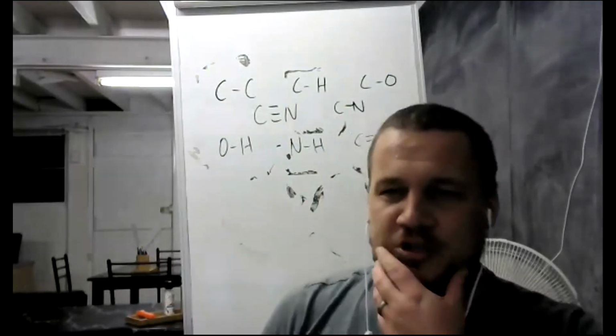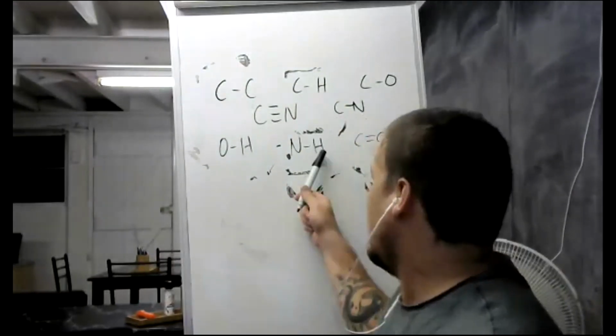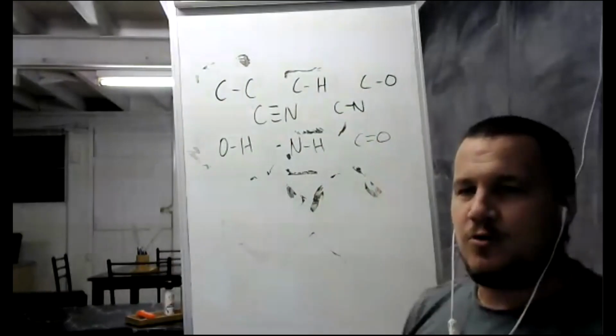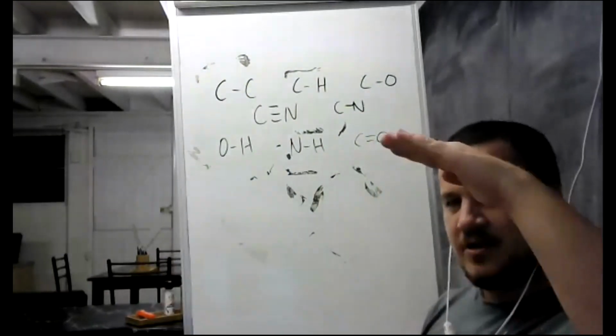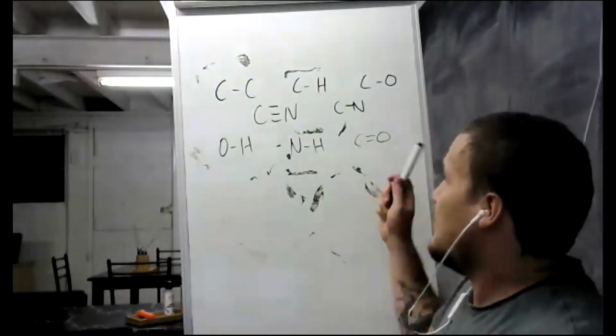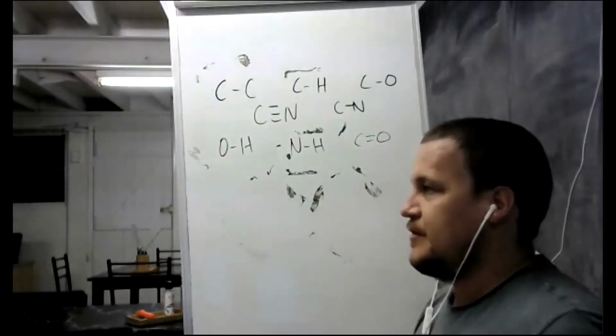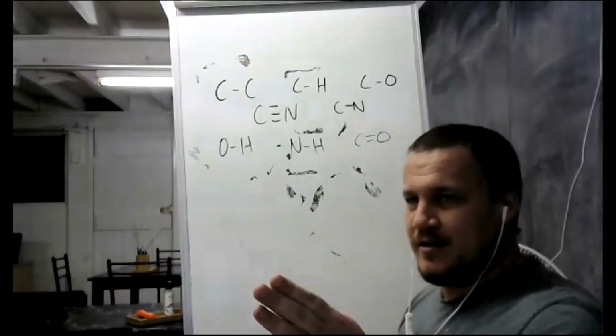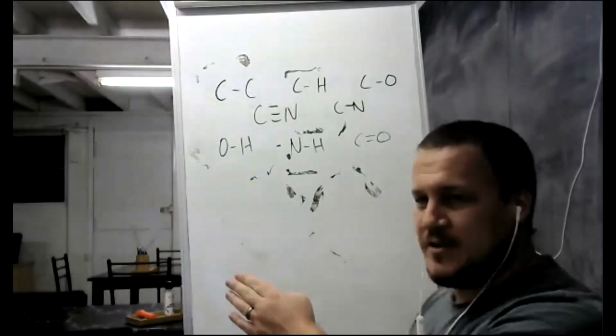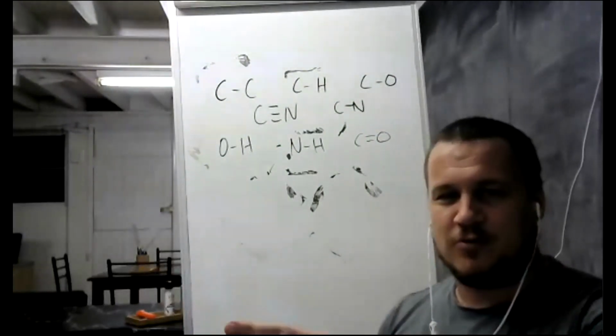So what we do is we shoot a certain wavelength of light, or a wave number, to how many times it oscillates, through a sample containing an unknown organic compound. What we do is we start at one end of the spectrum and you move through the spectrum.